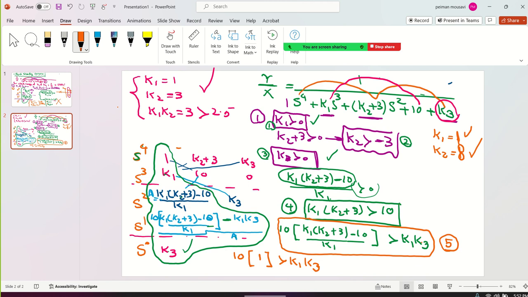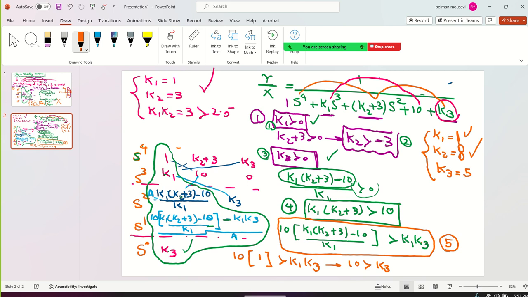So we know that K1 is 1, we selected. So we say 10 must be greater than K3. So K3 can be any number. I say K3 is, I don't know, 5. By selecting these numbers, your system is stable. I'm just giving some examples.